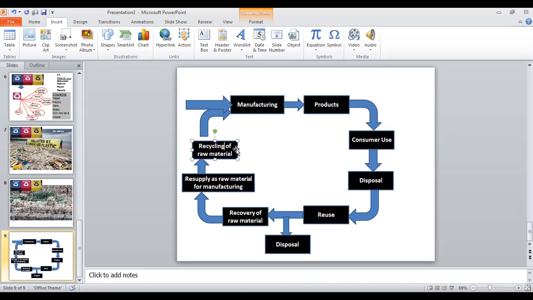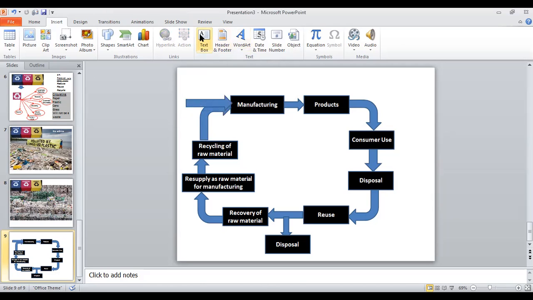Of raw material. The previous knowledge you are applying here. Yes, so now the original raw material requirement is minimized.